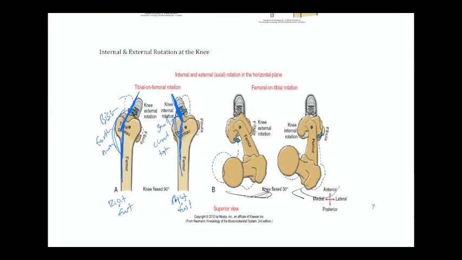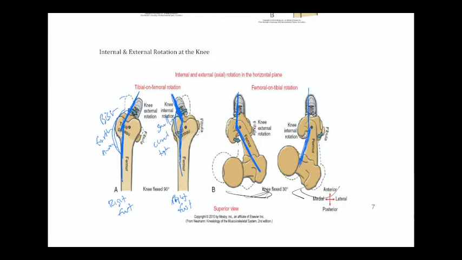When we look at femoral on tibial rotation, it's a little bit different. This is when our foot is on the ground and kind of in place, not moving anywhere. And now we're going to rotate our femur on our fixed tibia. And now we're looking at this angle here versus this angle here.